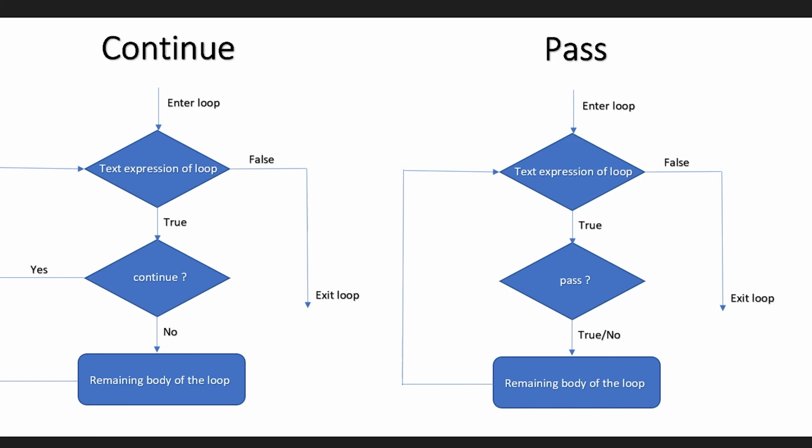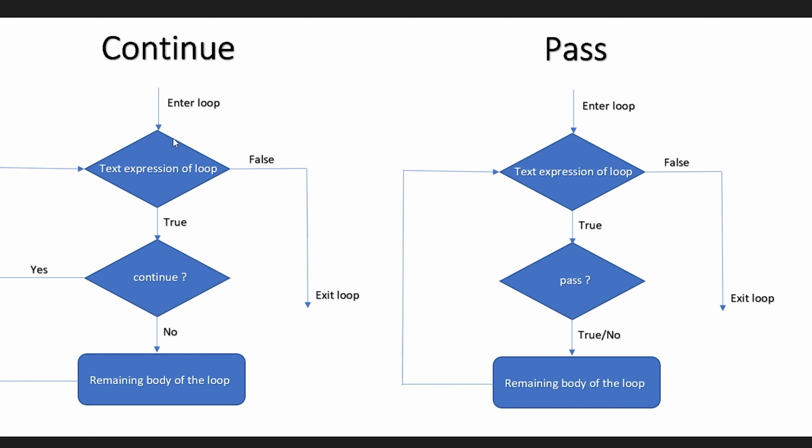The picture you're watching is the control flow flowchart of the continue and pass statements. On the left side, we have the continue flowchart. The first step is to enter the loop and evaluate the loop expression. If the expression is false, it exits the loop.